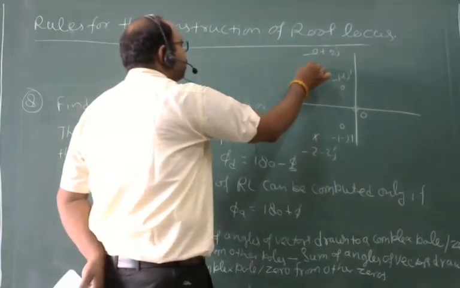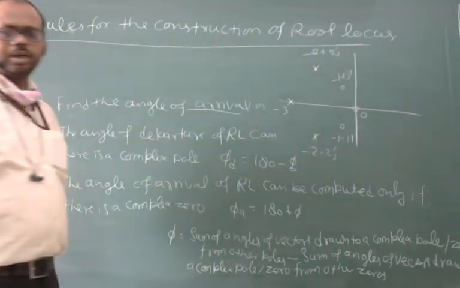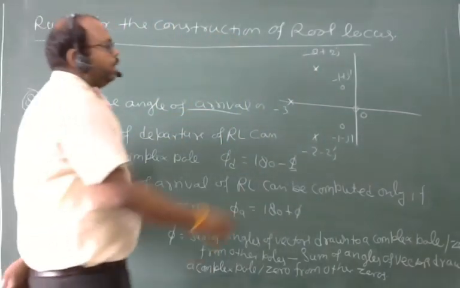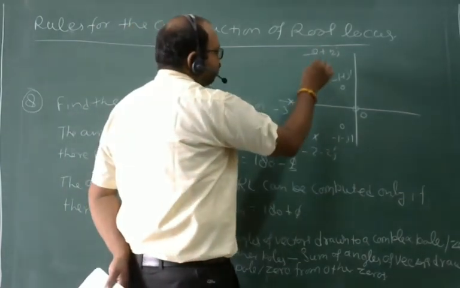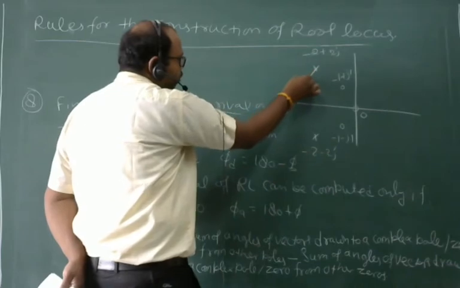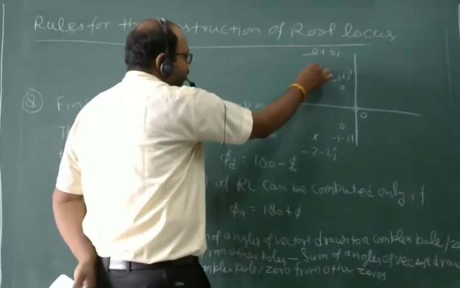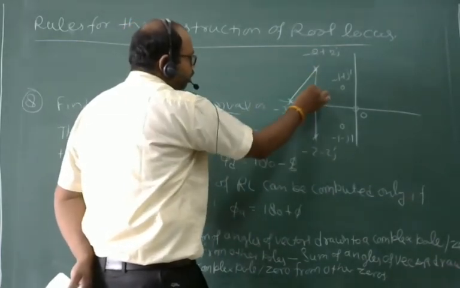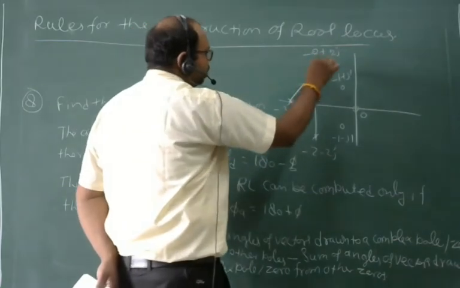So to compute angle of departure or to compute phi on this pole, first I will draw the vectors from all the zeros and poles to this pole.